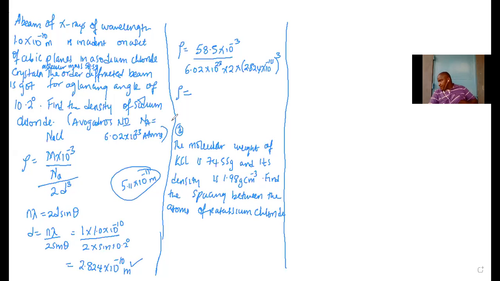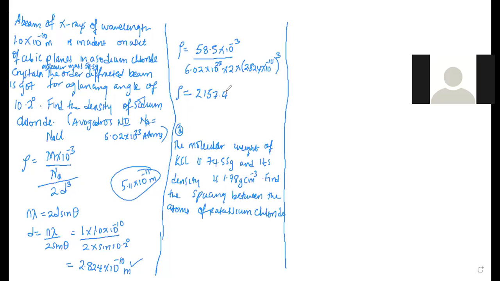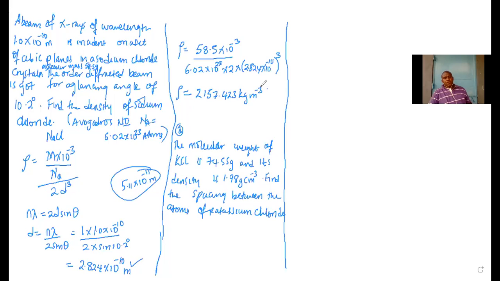What did we get? Yes, please. 2,157.423. These are kilograms per meter cubed.